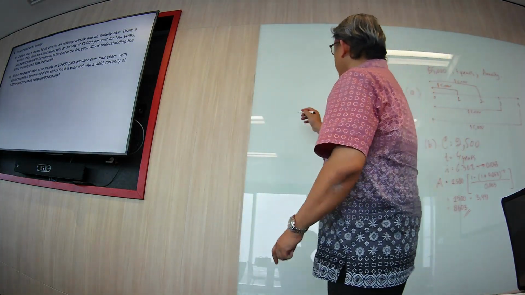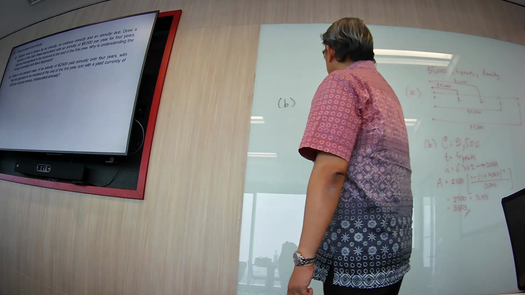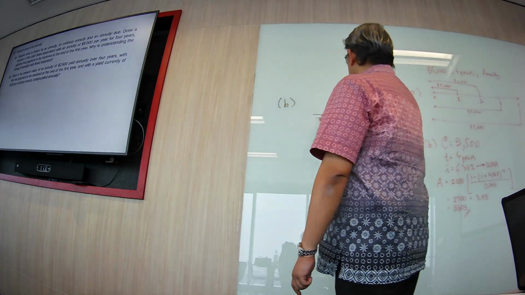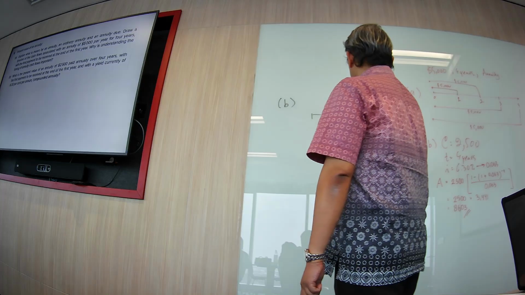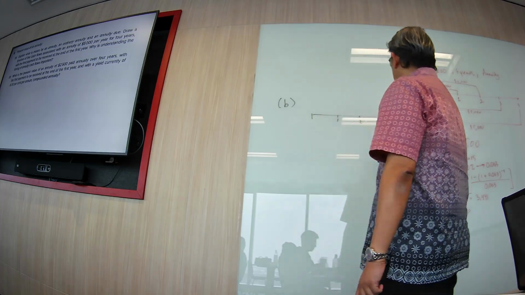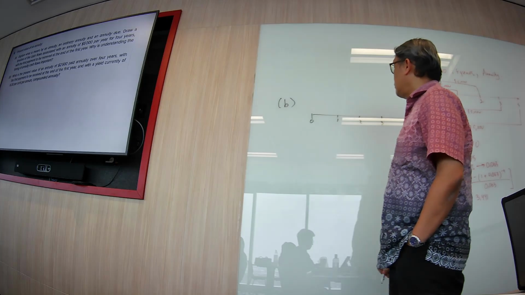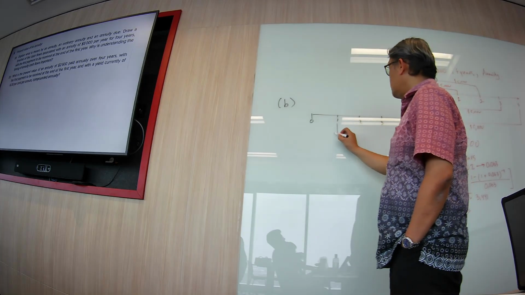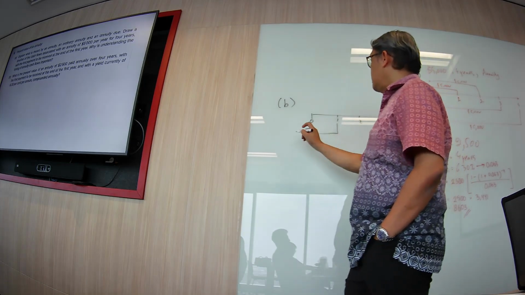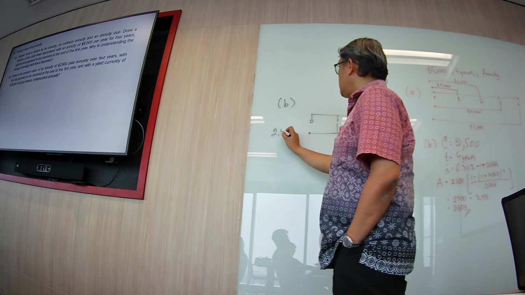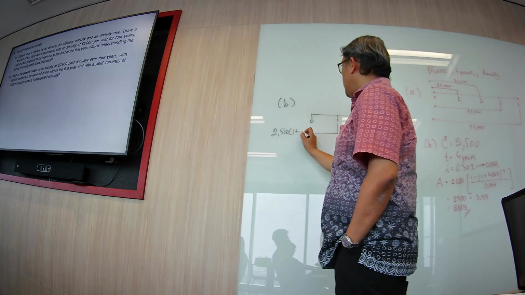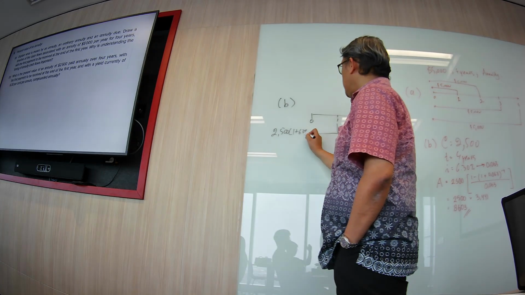So the annuity for 4 years is like this, right? 0, 1, 2, 3, 4. 2,500 in current value, divided by 1 plus 6.3%, right?